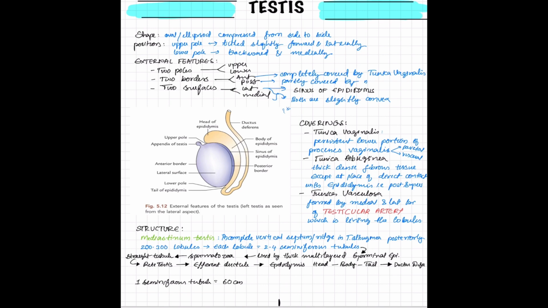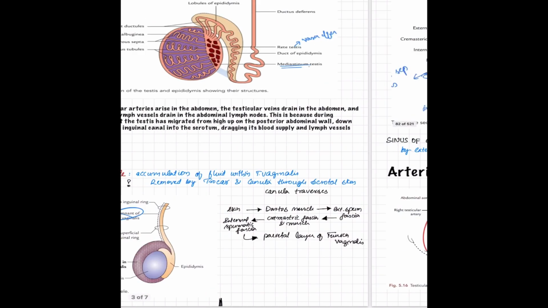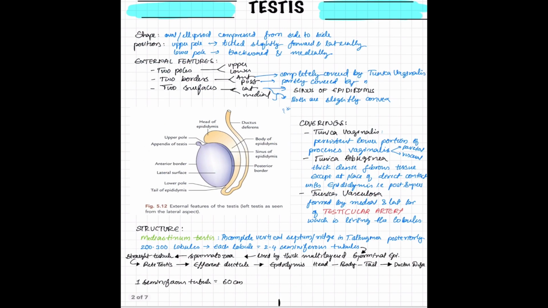It is nothing but a thick fibrous tissue covering the testis. Here this is the tunica albuginea, between this red line and the tunica vaginalis. That is simply a fibrous tissue covering the testis. So you have seen that.